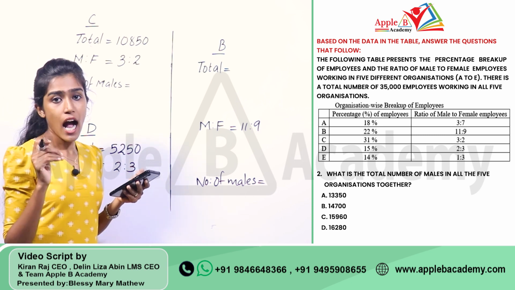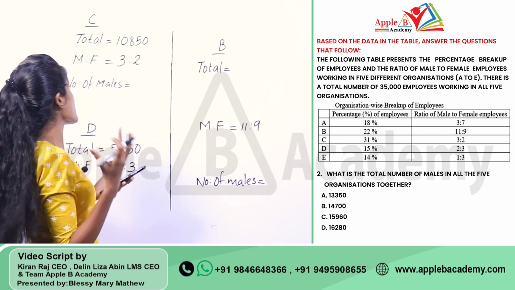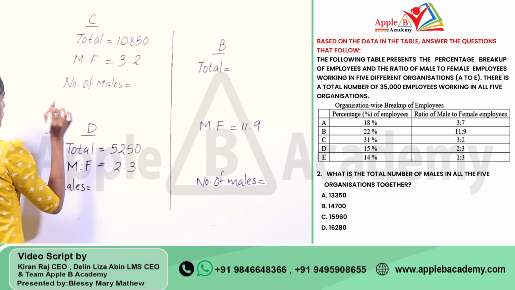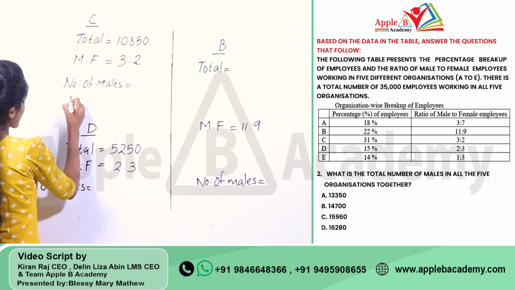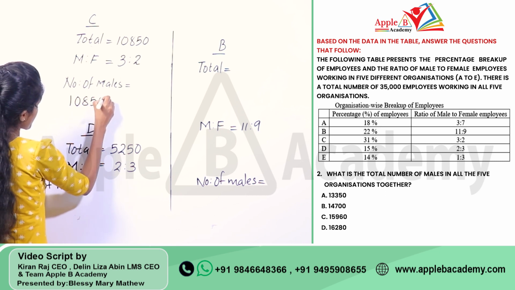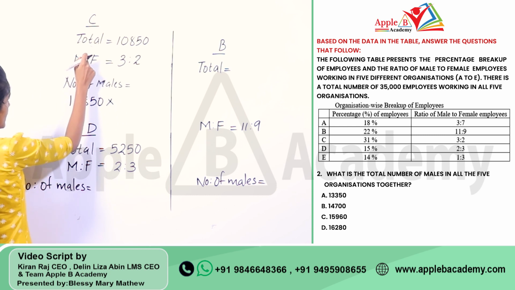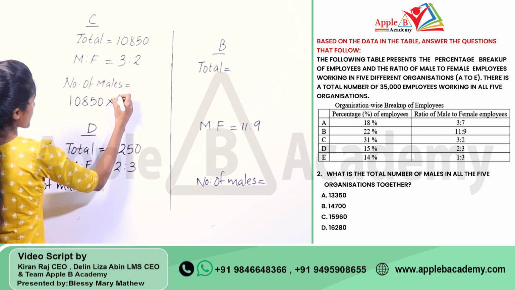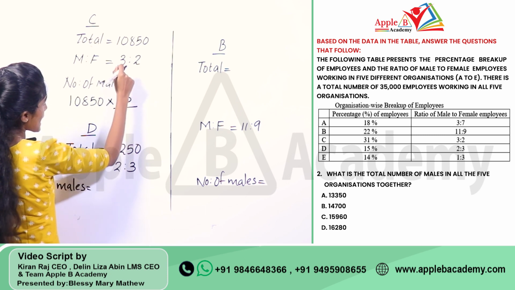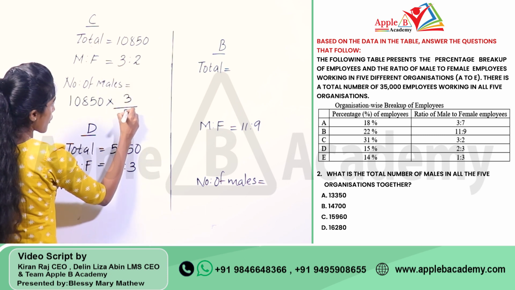If that's the case, how can you find out the number of males working in organization C? The thing is literally simple. What you have to do is 10,850 into male, that is 3, right? So 3:2 is male to female. So 3 by 3 plus 2, that is 5.